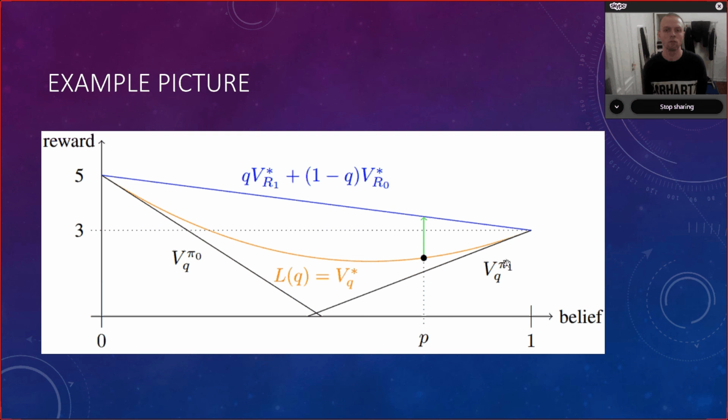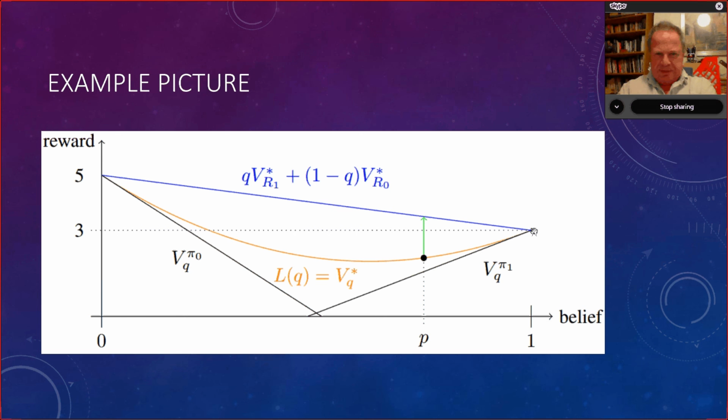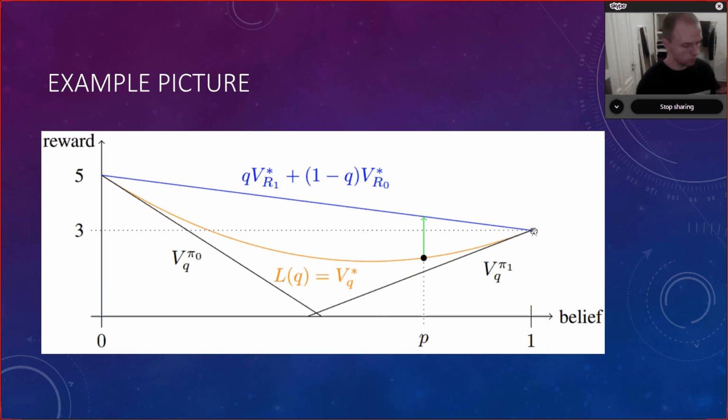That's called policy 1, that rewards only this. And if we are 100% sure that this is the real reward function, then of course we get the value that is optimal if we are only focusing on reward function 1. Then we get this.